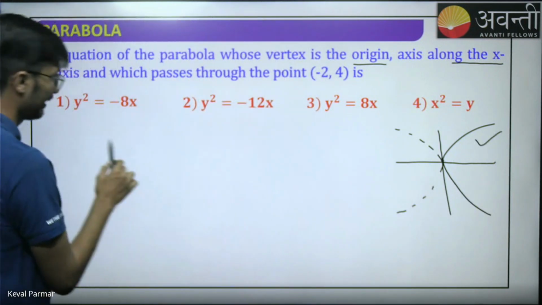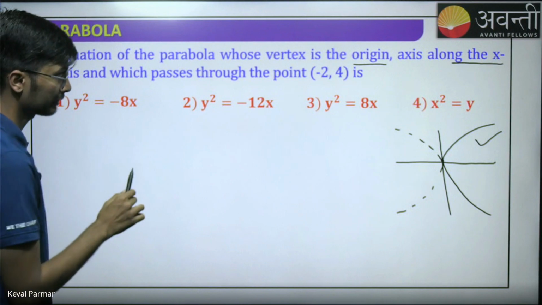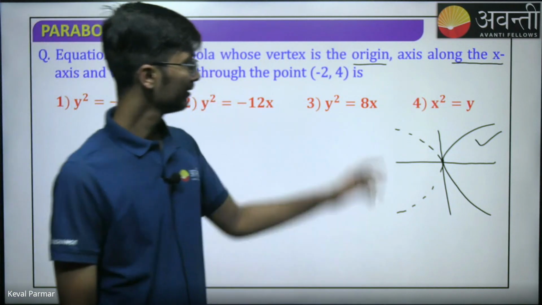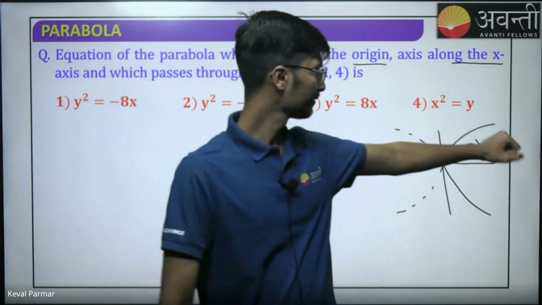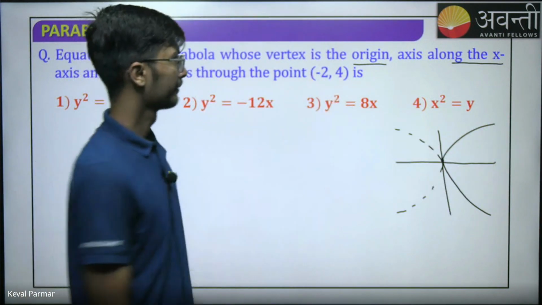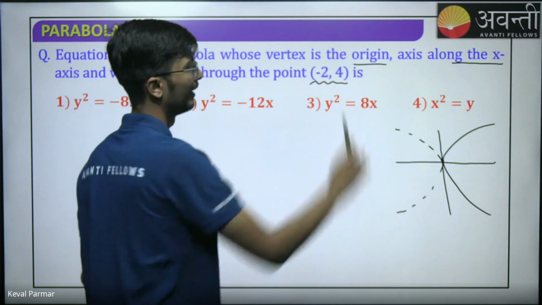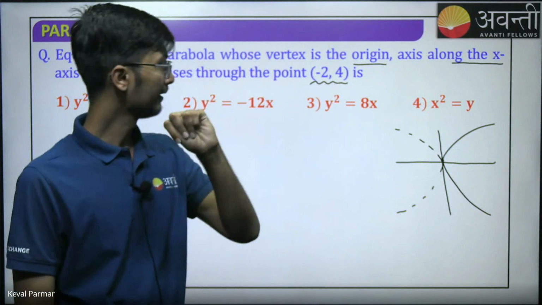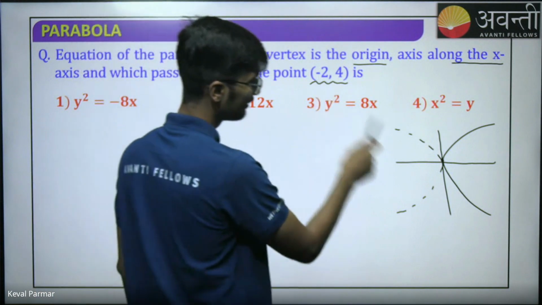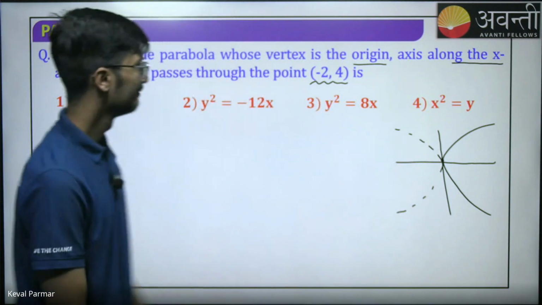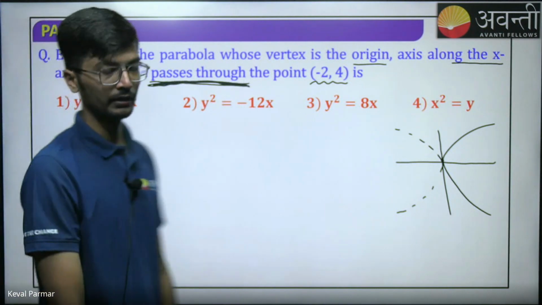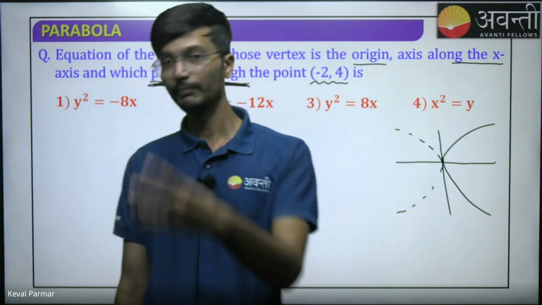So the equation of parabola will be, see, one more thing you can say, not let us assume, see this point. This point is in the second quadrant, right? So if the point is in the second quadrant and it is given, the parabola passes through this point.